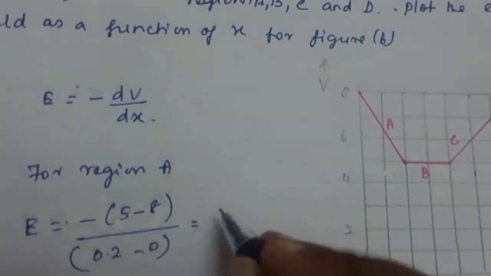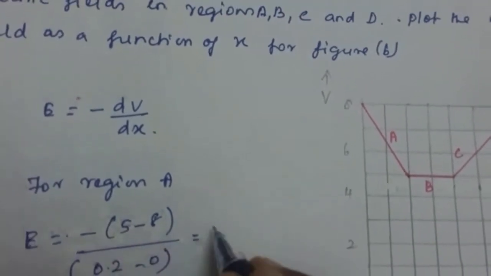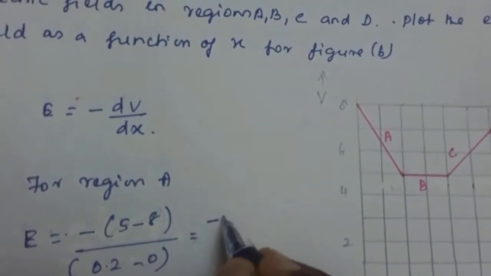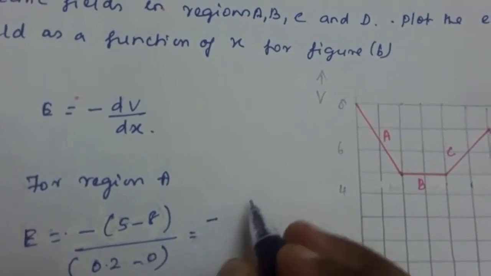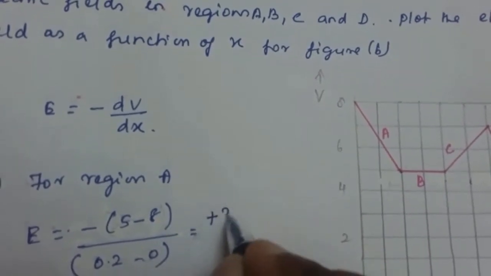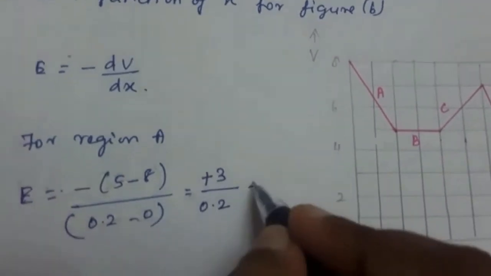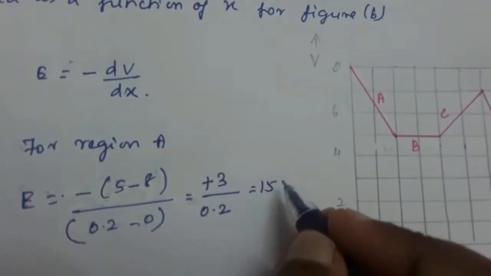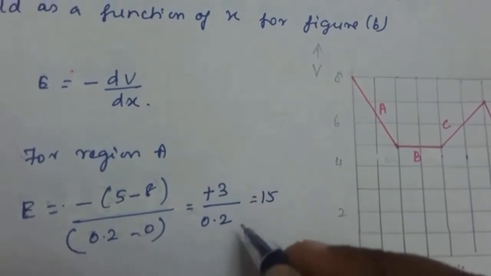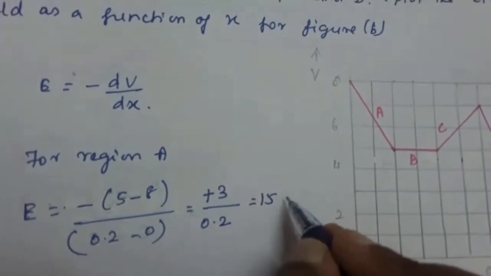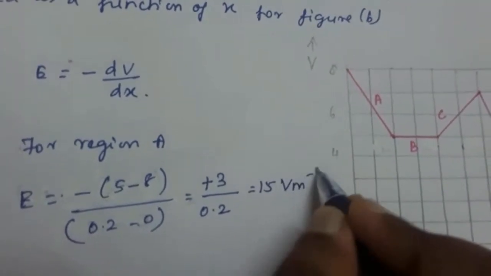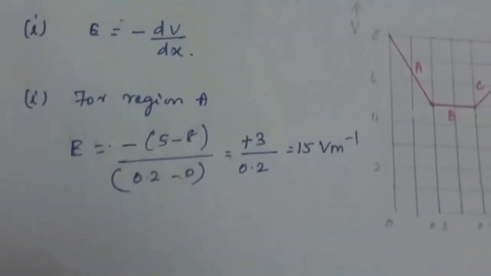So this is minus of minus 3, so it is plus 3 divided by 0.2. If you do this, you will be getting 15 volt per meter. This is for region A.